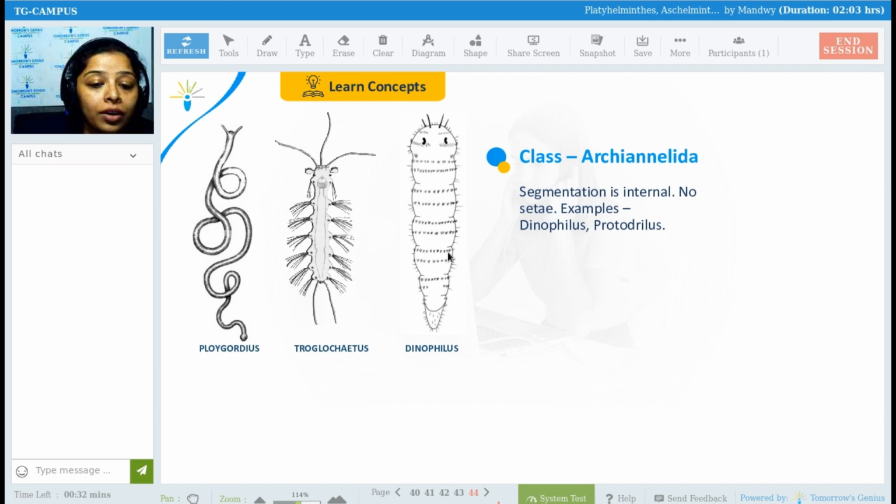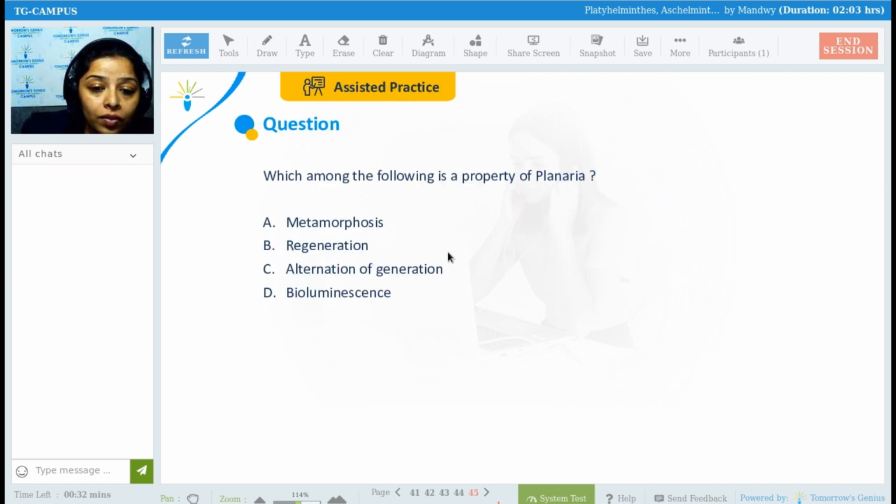The examples are Dinophilus, Protodrillus, Polygordius, Troglochaetus. These are the examples of Archaeannelida. So this is all about the phyla Platyhelminthes, Aschelminthes, and Annelida.